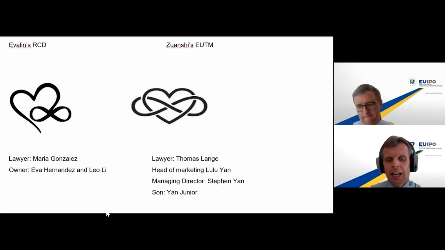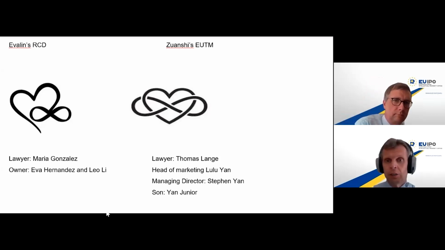It covers leather and imitation of leather, including bags in class 18, textiles in class 24, the whole range of clothing, footwear, and headwear in class 25, and lace, embroidery and ribbons and braids, etc., in class 26, and finally in class 35, advertising, business management, retail and wholesale services for all the goods that have been mentioned previously.